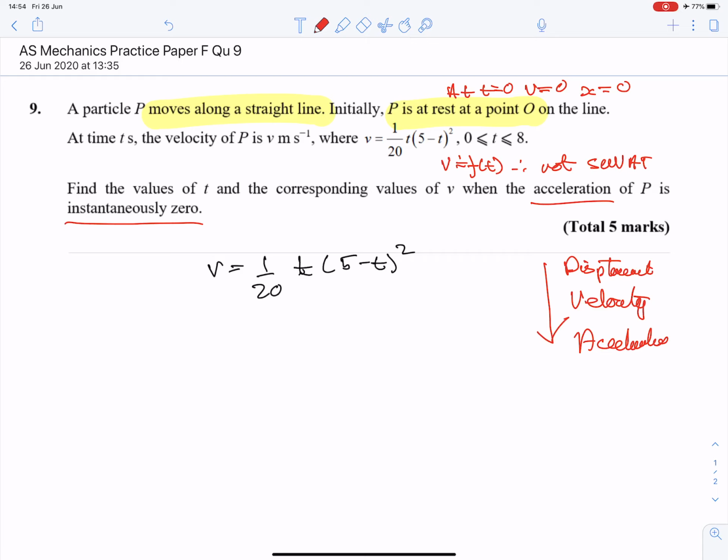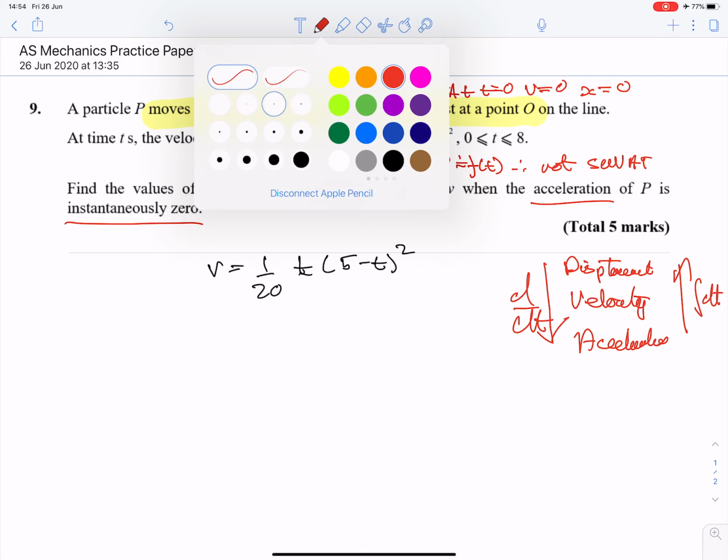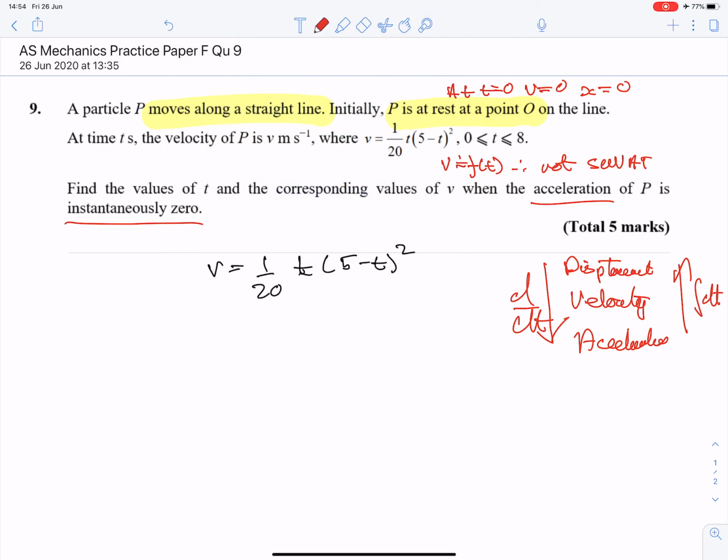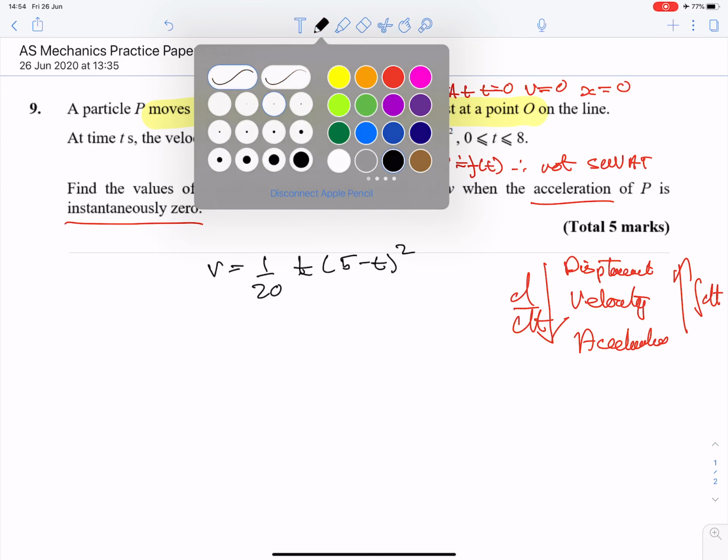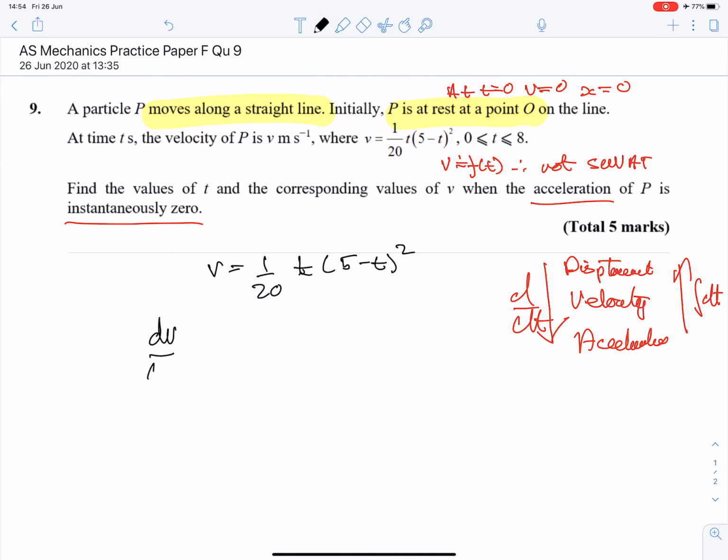When we're moving in this direction, we differentiate with respect to t, and that direction we integrate with respect to t. So here we go from velocity to acceleration, so we've got to differentiate. So dv/dt is equal to the acceleration.